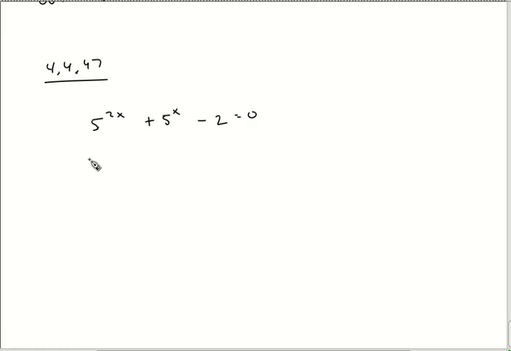What we're going to do is see this as kind of like x squared plus x minus 2. But I don't want to use x's. I want to use y's, or u's, or whatever you want to use. Just don't use x's because we already got x's. So why am I doing that?